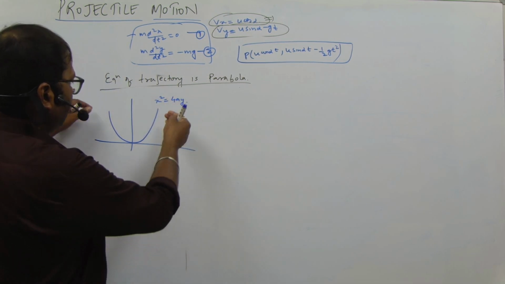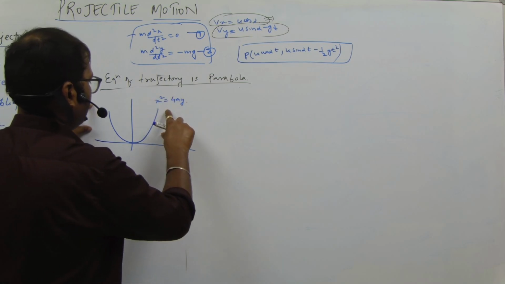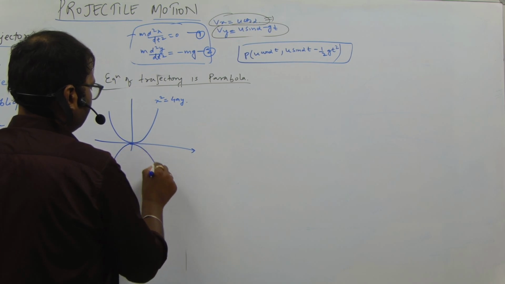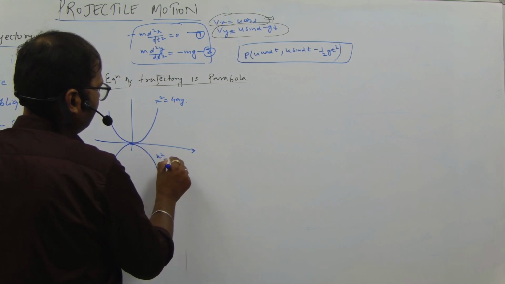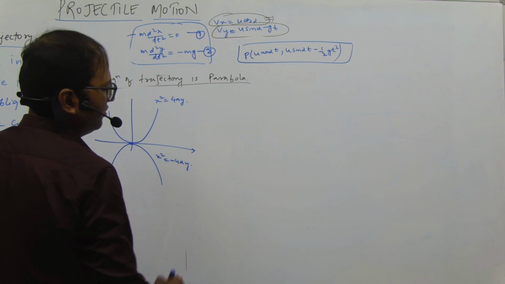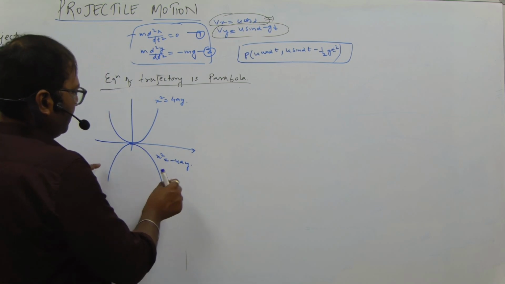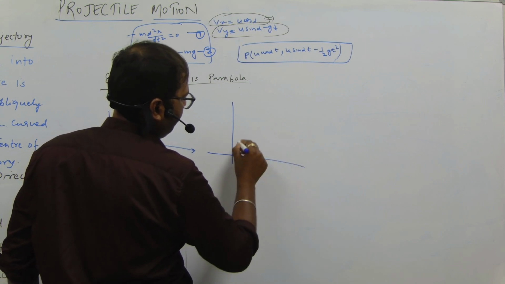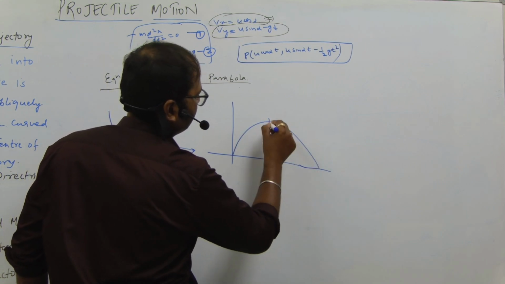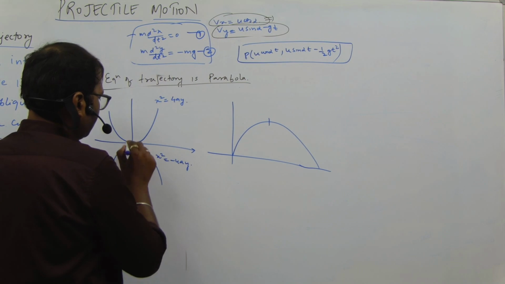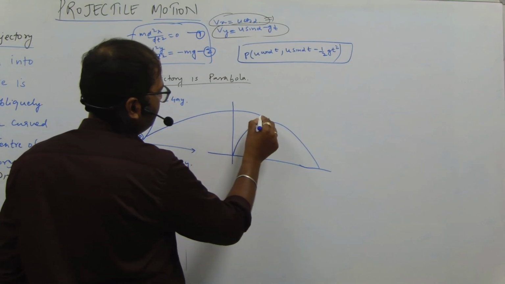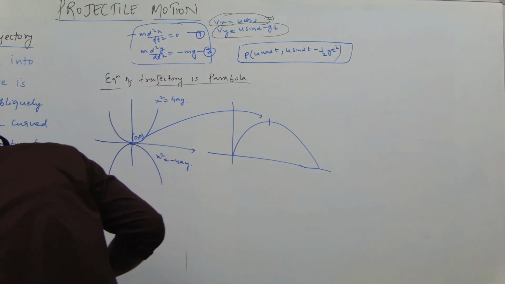If we take the image of this parabola in the x-axis, we get x square is equal to minus 4ay.